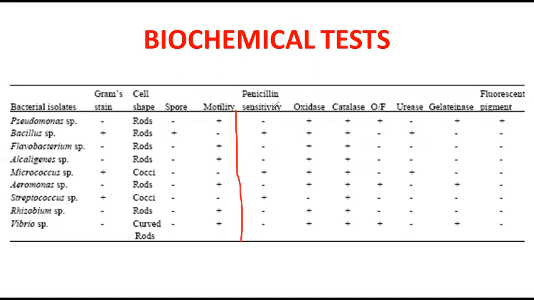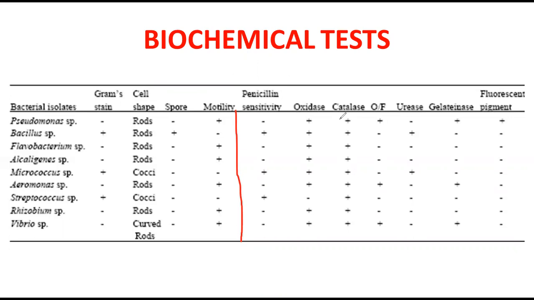This is also very good information. After that you have to perform the oxidase test. It is very easy, and it can be done within 10 minutes. Oxidase test, catalase test, I will make videos on these tests, but just keep this overview and background in your mind.